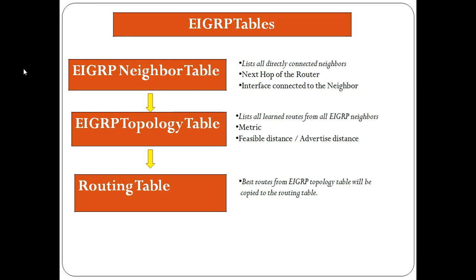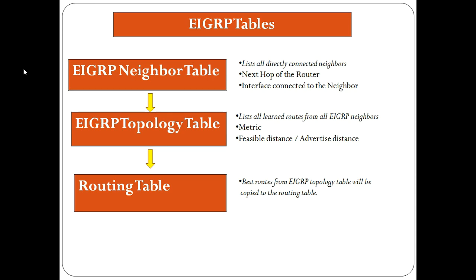Next is EIGRP tables. There are three main tables that EIGRP maintains: the neighbor table, topology table, and routing table. For the neighbor table, first it needs to form a neighborship between the two routers or links, whatever it be.